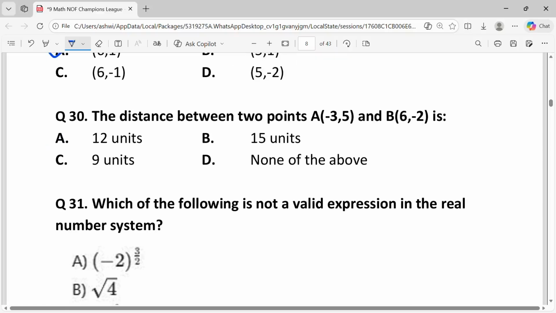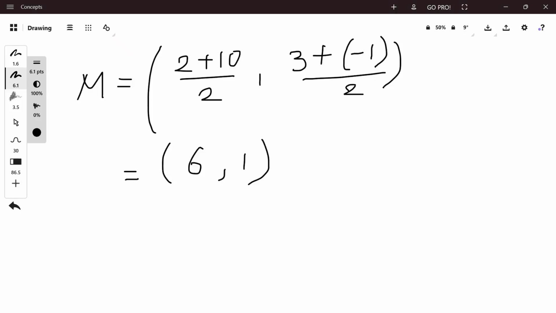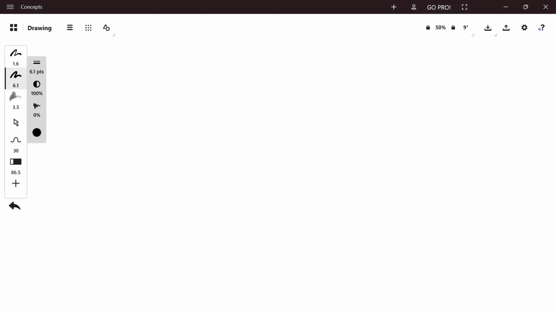Question 30. The distance between 2 points A (minus 3, 5) and B (6, minus 2) is? The distance between 2 points (x1, y1) and (x2, y2) is given by the formula d is equal to root of (x2 minus x1) whole square plus (y2 minus y1) whole square.